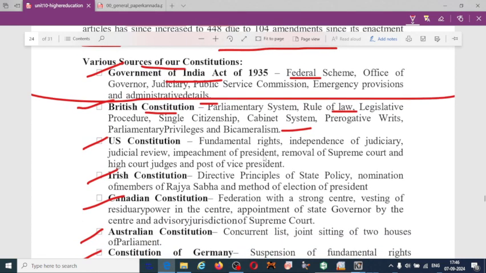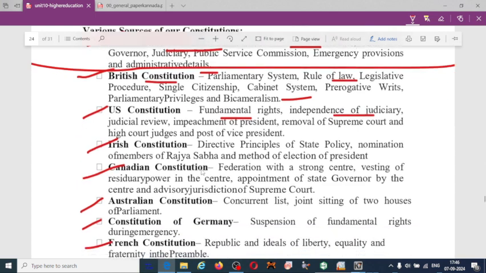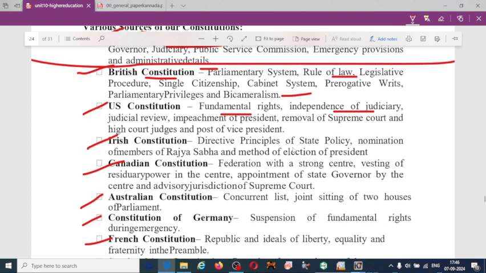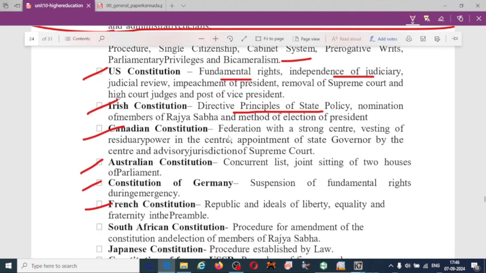U.S. Constitution: these are the points you can note down here. Fundamental rights, independence of justice, all these. Irish, especially here, the thing that we have adopted is the directive principles of state policy. Canadian Constitution, the major thing that we can see here: the federation with a strong center. Australia, joint sitting of two houses of parliament.